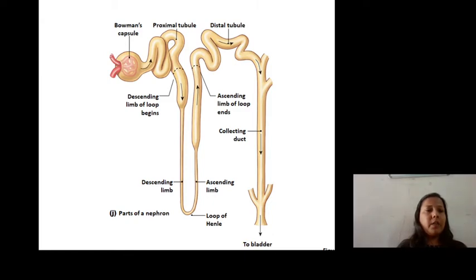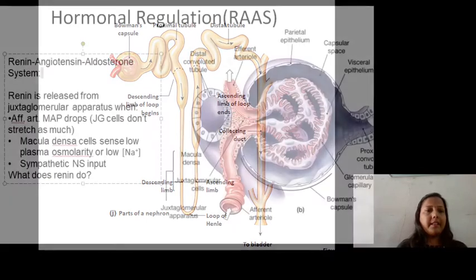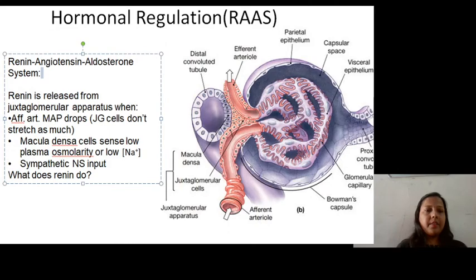And the glomerulus is nothing but a dense network of blood capillaries. Here, in between the afferent and efferent arteriole, there is a specific structure called the juxtaglomerular complex. See the diagram. It's the afferent arteriole, it's the efferent arteriole, and it's a part of the distal convoluted tubule.